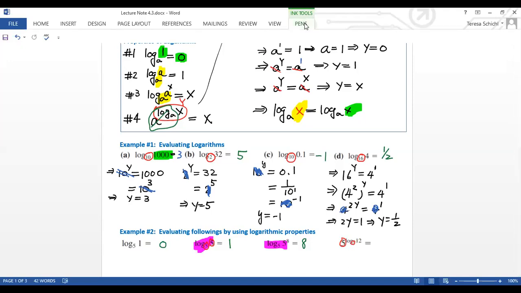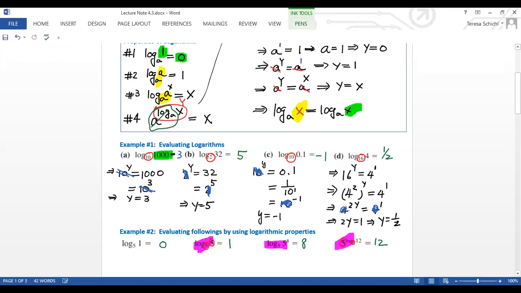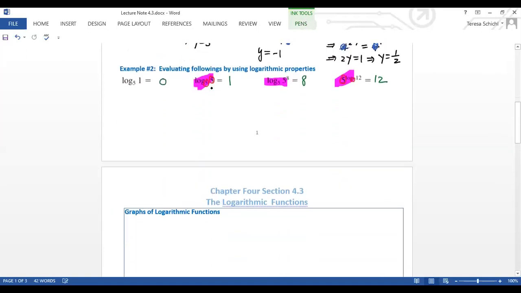Good, I can cross out here. The answer is 12, right? So by using the properties, you can get the answer very fast. It's very good, so you need to remember that. If you don't remember, that's fine. You need to know how to put it back to the exponential and derive it, right?